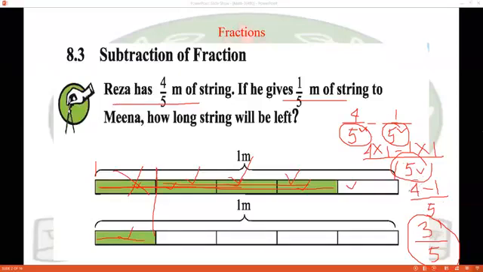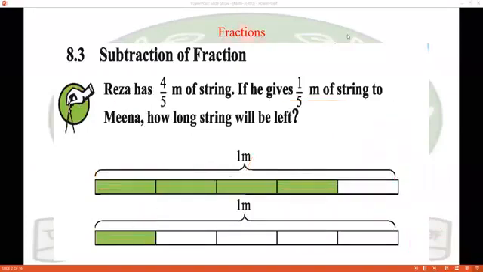You can see the numerator there is 4 and the other numerator is 1, so there is 1. When 2 fractions have the same denominator, you can remember this. So in this way we can find the subtraction of fractions. So we go to the next slide.